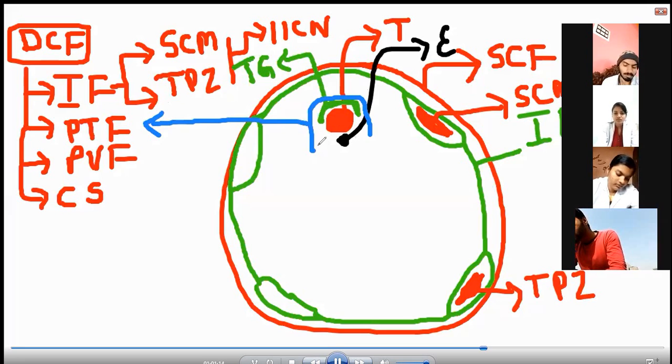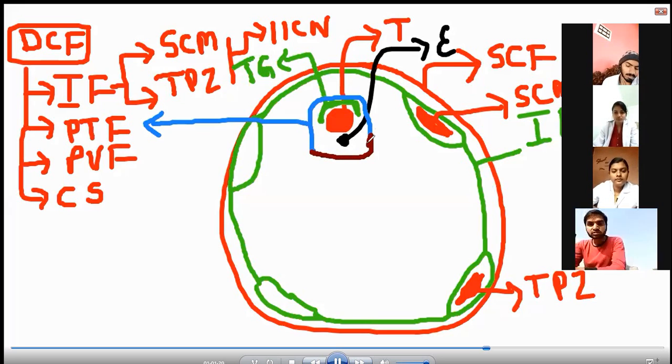But when this pretracheal fascia is going behind the pharynx, you don't write esophagus here, you write pharynx, because the pharynx is connecting both tubes, trachea and esophagus. So behind the pharynx, when it is going backward, see here everyone, this is also pretracheal fascia, but I change the color.